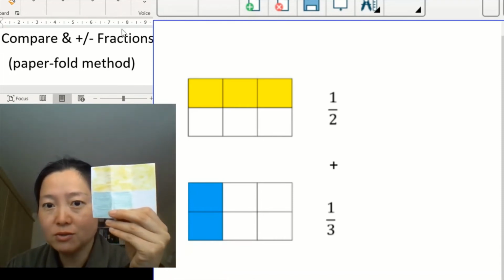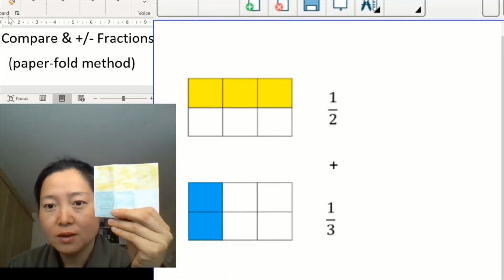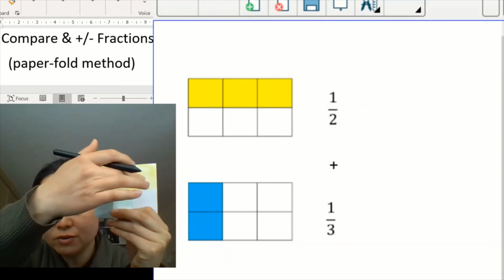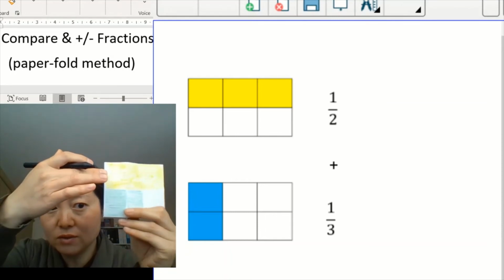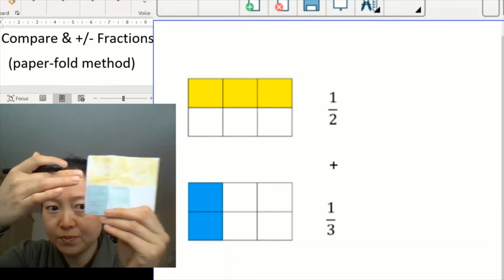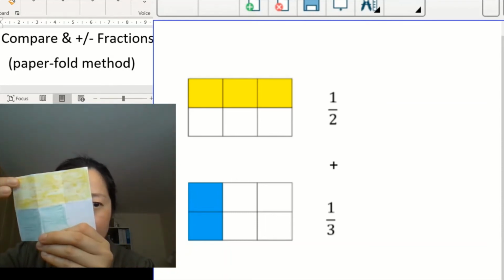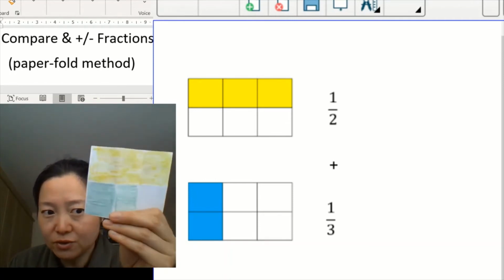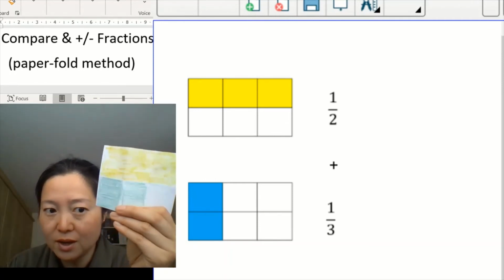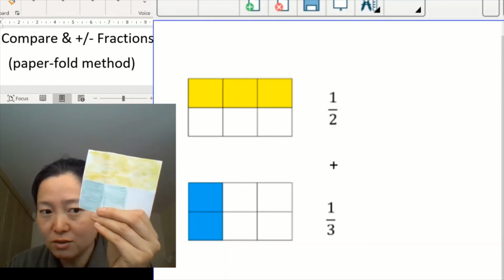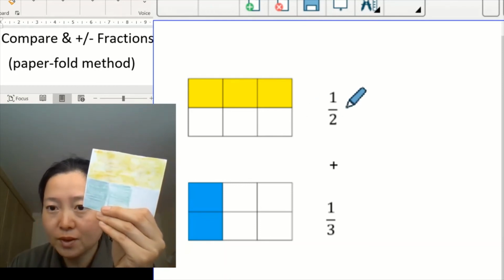If you look at the screen on the right side, I have my half originally being one of the large blocks. But after I folded my paper the other way, I've changed this fraction into 3 squares out of 6.